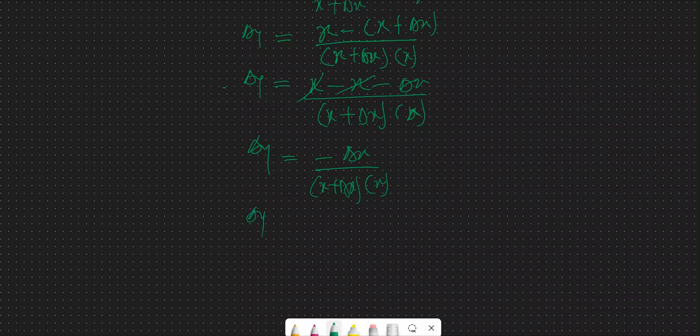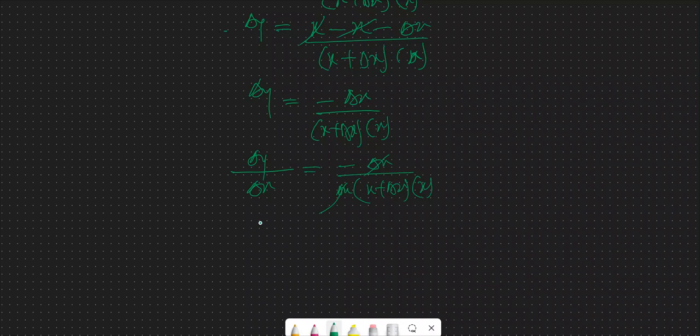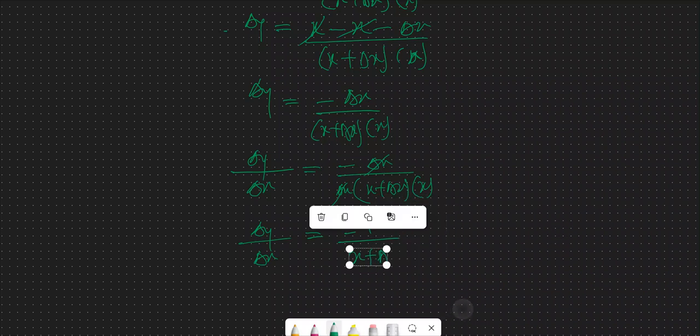So changing y over changing x equals minus changing x over changing x into bracket x plus changing x, then x. So this crosses this out, so we have changing y over changing x equals minus 1 over x plus changing x and then x.